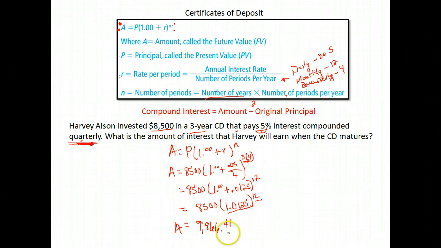So after 3 years, that's how much he has in the account. They want to know what's the amount of interest that he's going to earn. So our interest is the amount we have in the end minus whatever we put in originally, because whatever we have gained, that's the amount of interest. So we take the amount of $9,866.41 and we subtract the original amount that we put into the account at the beginning.